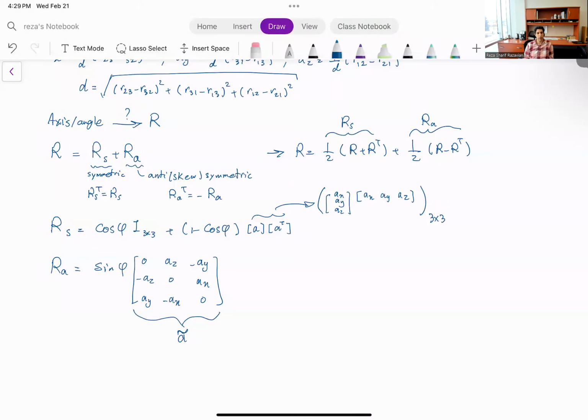If you have your A, which is AX, AY, AZ, you can define a skew symmetric matrix based on that vector in such a way. So in a simple way, it's sine of phi A tilde. If you know your axis and angle, you can use this and that to construct your rotation matrix.